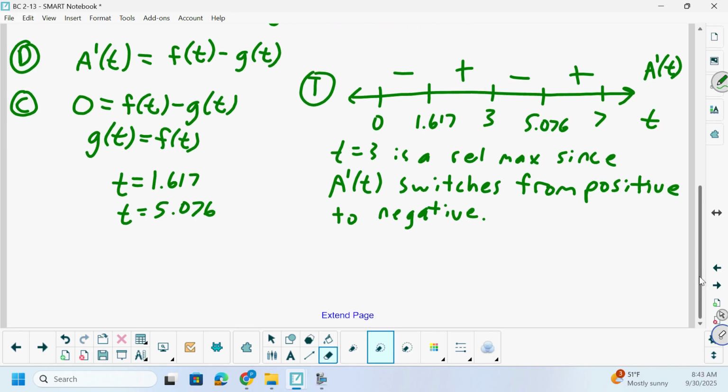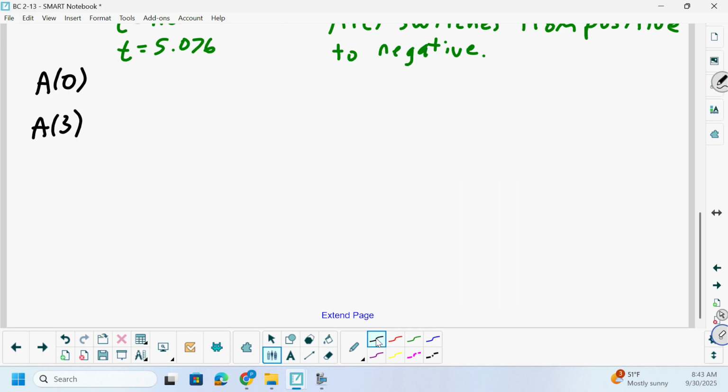And then we need to test our endpoints. So we are going to test A of 0, A of 3, and A of 7.